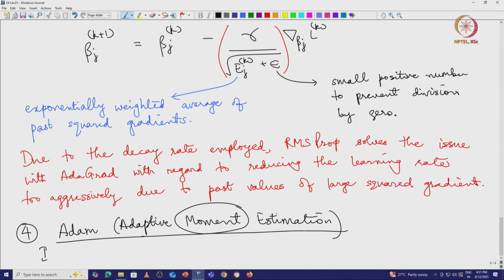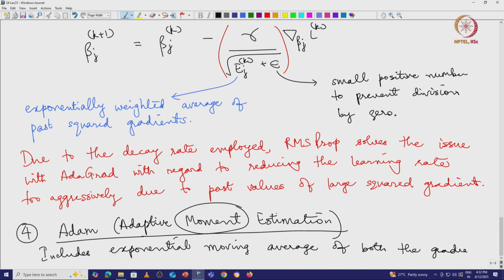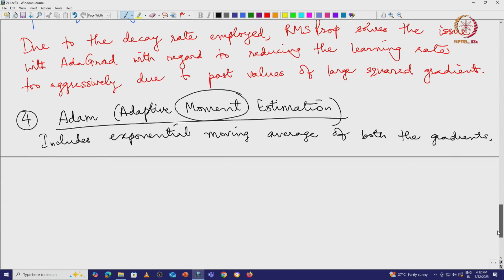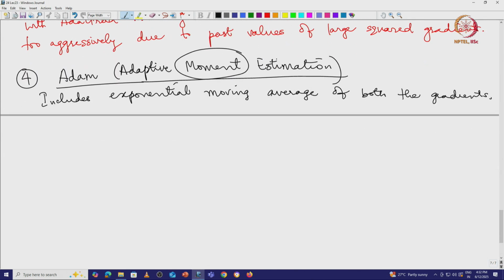So, the ADAM method includes the exponential moving average of both the gradients, which are the first moment of the loss function gradient, and the squared gradients, which are the second moment.